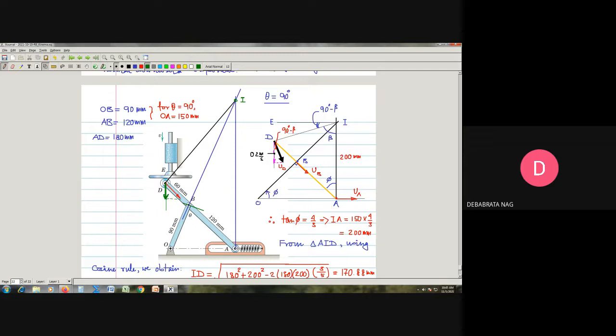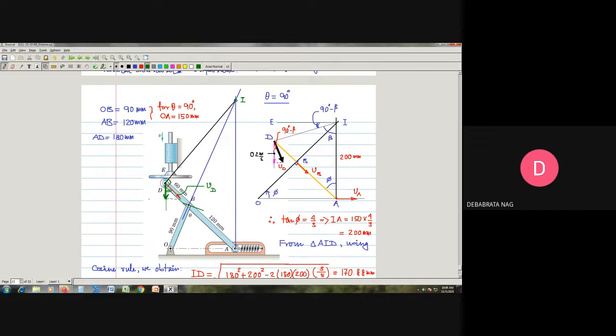Now in order to find out the velocity of point D, what we will need is to draw this line ID, correct? And perpendicular to it, you see, this is the perpendicular, this red line, this will be your velocity of point D. For this, its vertical component will be this velocity, and that should be equal to your small v.